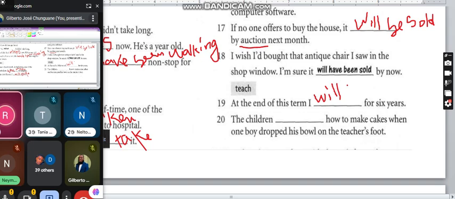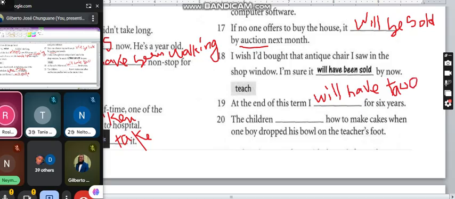Good afternoon, Leshan. For number 20, I choose past continuous passive. So the sentence will be like this: The children were being taught how to make cakes when one boy dropped his doll on the teacher's foot.